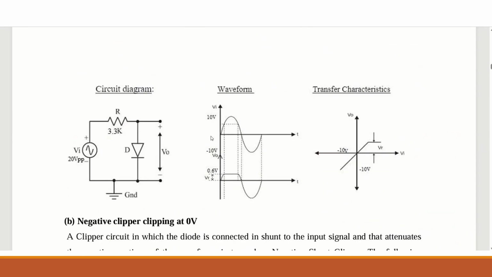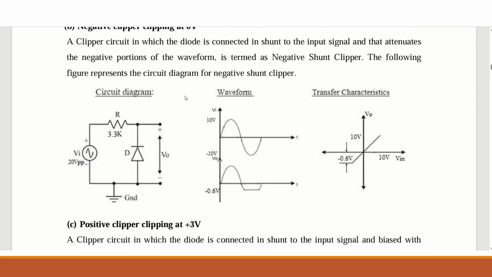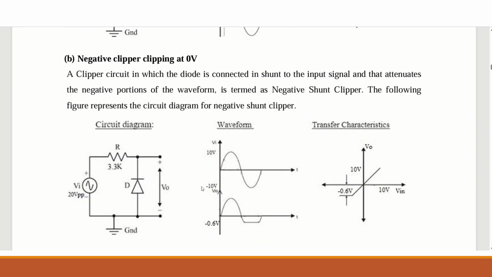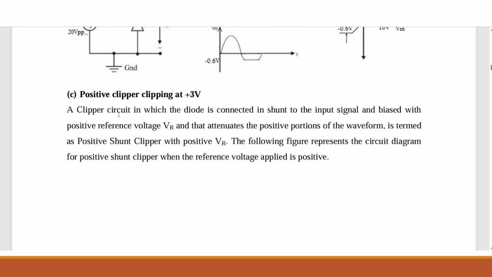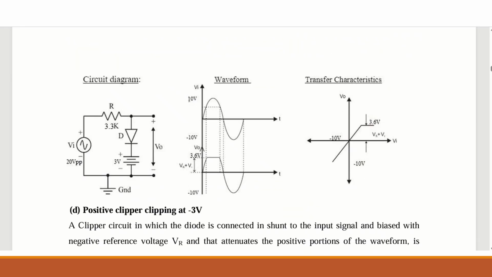Already we discussed the basic positive clipper and negative clipper. In the positive clipper, the positive half cycle of the waveform is removed or limited. In the negative clipper circuit, the negative half cycle of the waveform is clipped off or removed. In the case of a positive clipper with biasing potential 3 volt, what will happen?